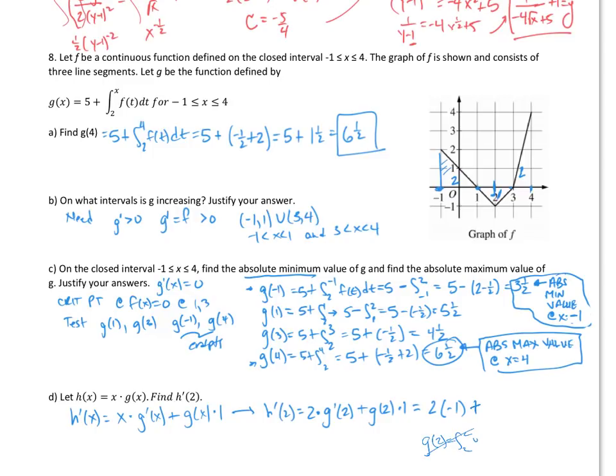Plus the 5, because that was our initial condition from up here. Don't forget about that. So this will just be 5, and this ends up being a value of 3. There we go. All right, let's move on to the next problem.